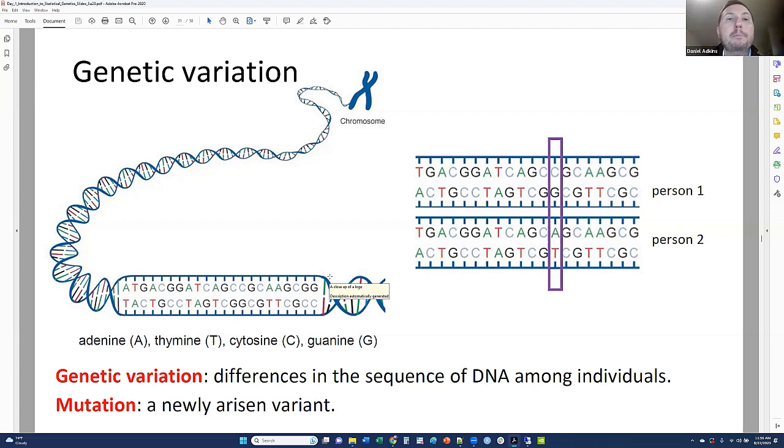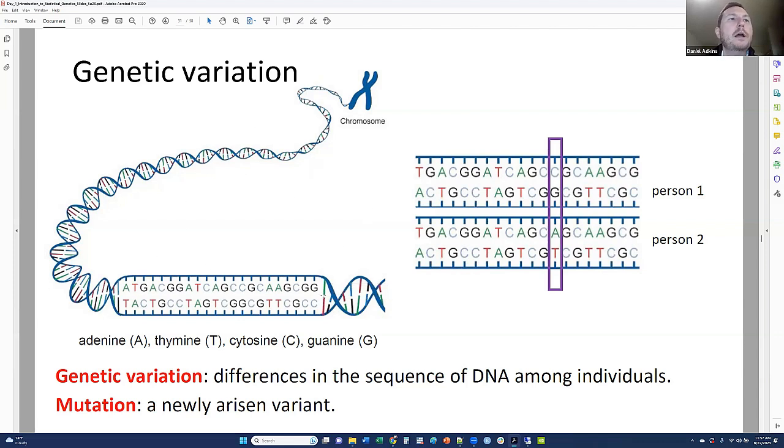But that 0.4% variation gives rise to not all of the phenotypic variability. I mean, certainly environments contribute as well. But it contributes to quite a bit of the phenotypic variability that we observe in our species.